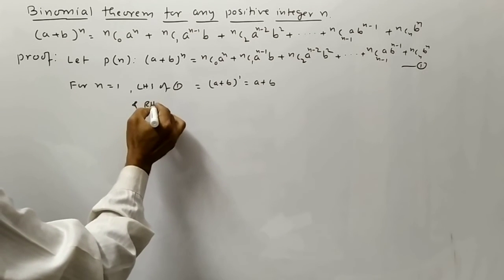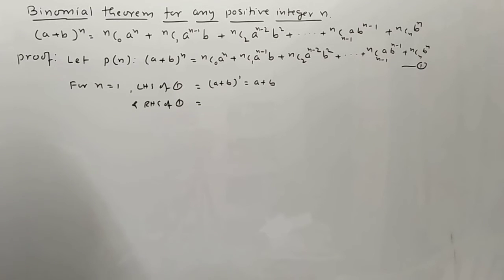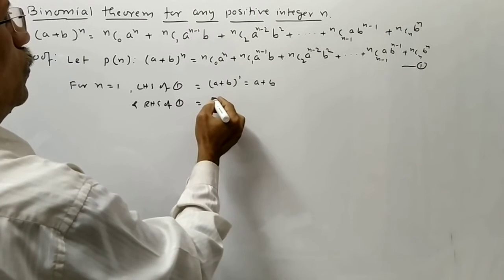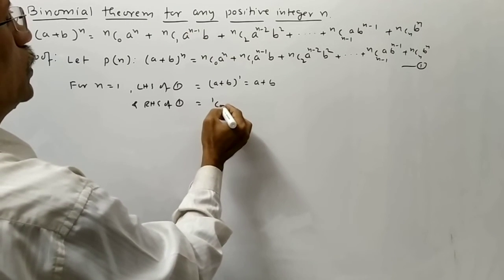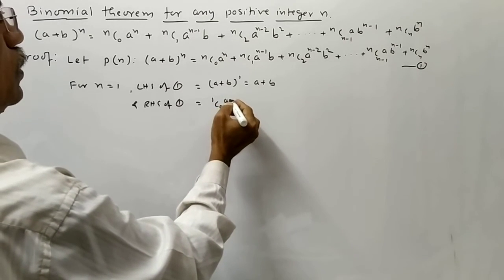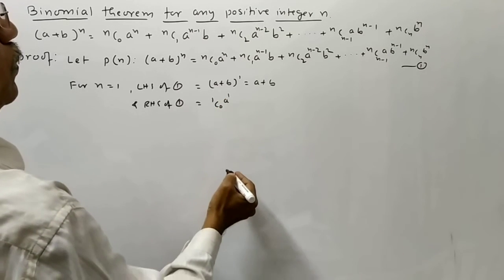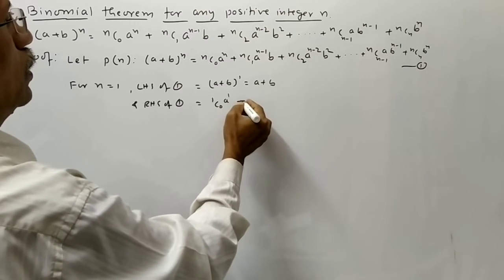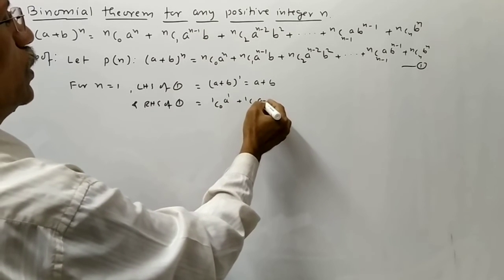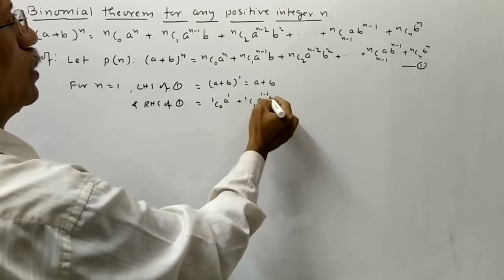And RHS of 1 is equal to 1C0 into a raised to the power 1 plus 1C1 into a raised to the power 1 minus 1 into b.